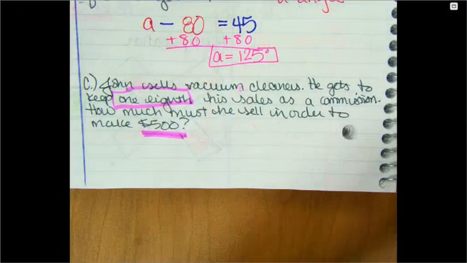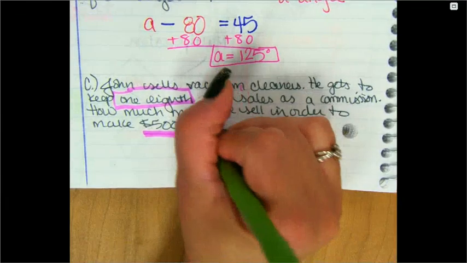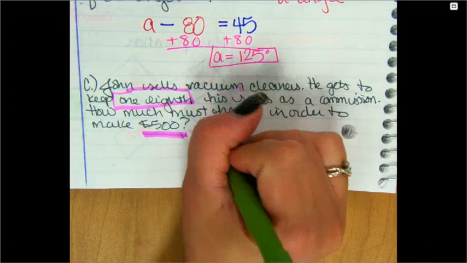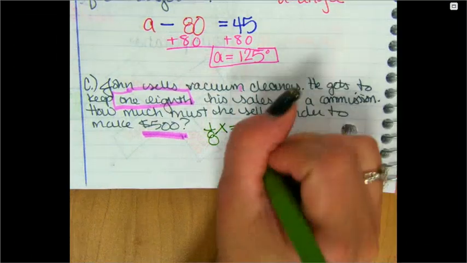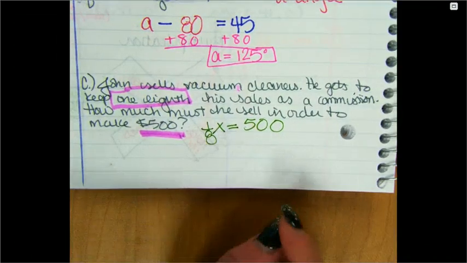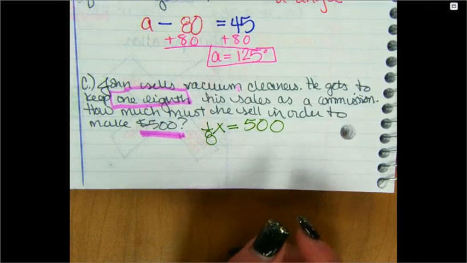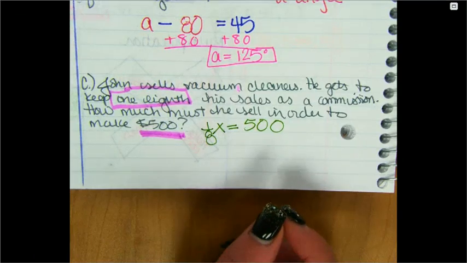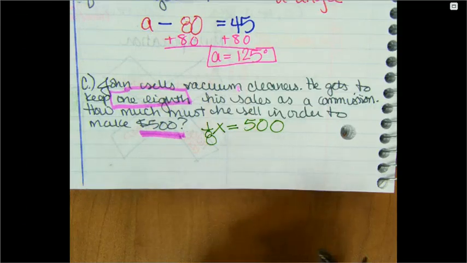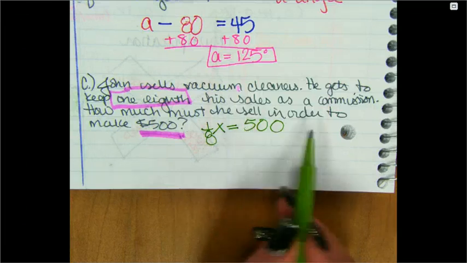So how do I set that up? 1/8 x equals 500. You need to have the variable, yes? Why is it 1/8 x? Because for everything I get an eighth of it, right? So if it was $500, I get an eighth of that. If it's $100, I get an eighth of that. Make sense? Okay. And so 1/8 x equals 500.